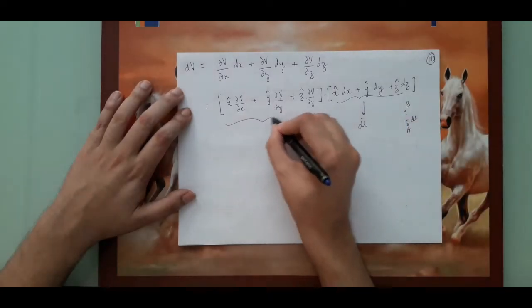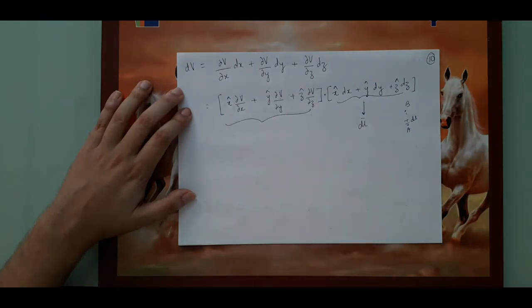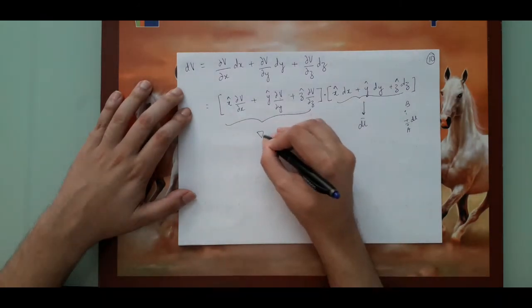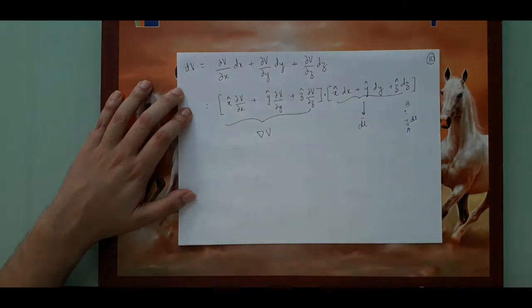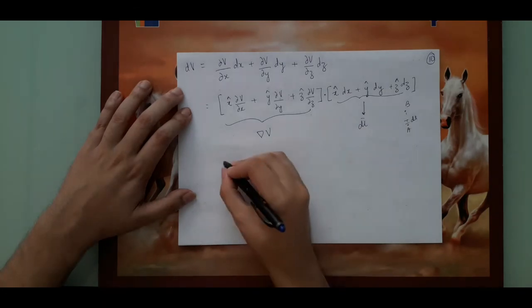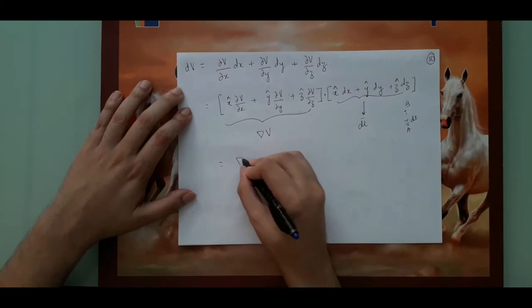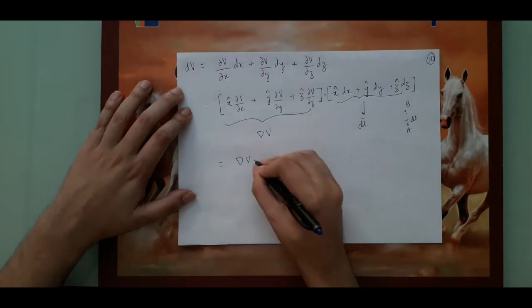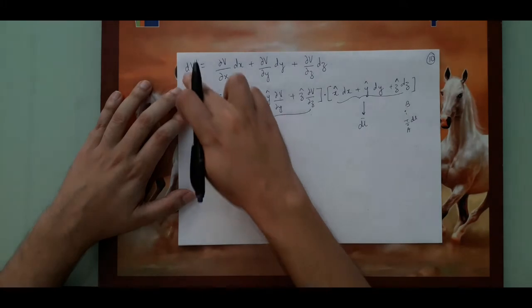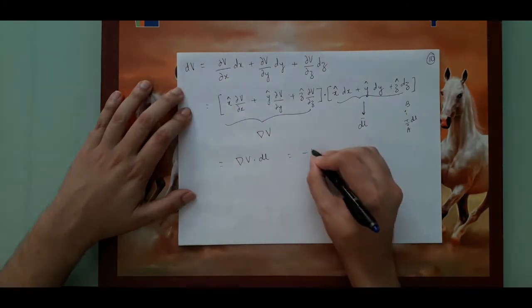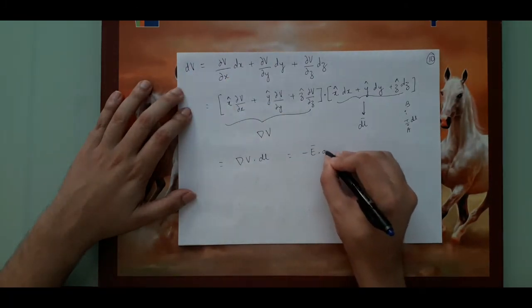What about this? Does this look familiar? Yes, it is. It is nothing but the gradient of V, the scalar quantity V. So therefore this is nothing but del V times dl, and as we had already said, dv must be equal to minus E times dl.